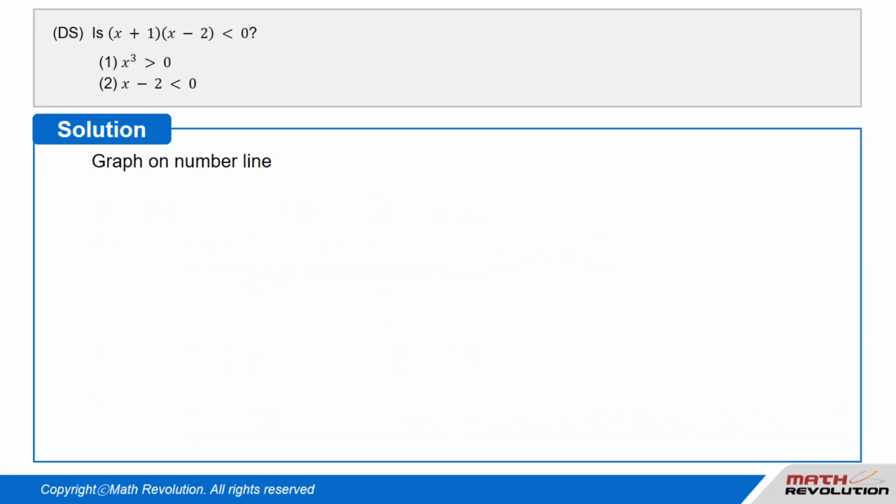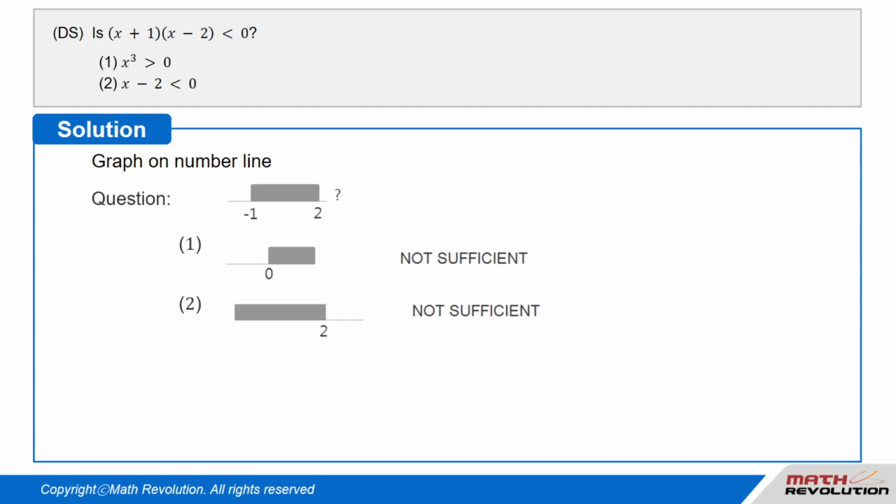Let us look at the graph on the number line as shown below. Question: -1 is smaller than x, which is smaller than 2. Condition 1: x is greater than 0. This is not sufficient. Condition 2: x is smaller than 2.